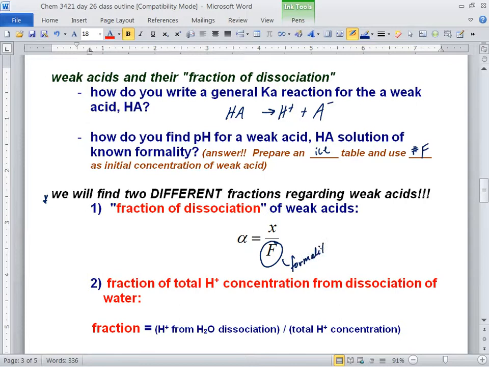Concentration. It's the what in what? It's the x in ice of the what reaction? Ka, if we're talking about weak acids. All right, so that's going to be the x in ice. It's the hydrogen ion concentration.